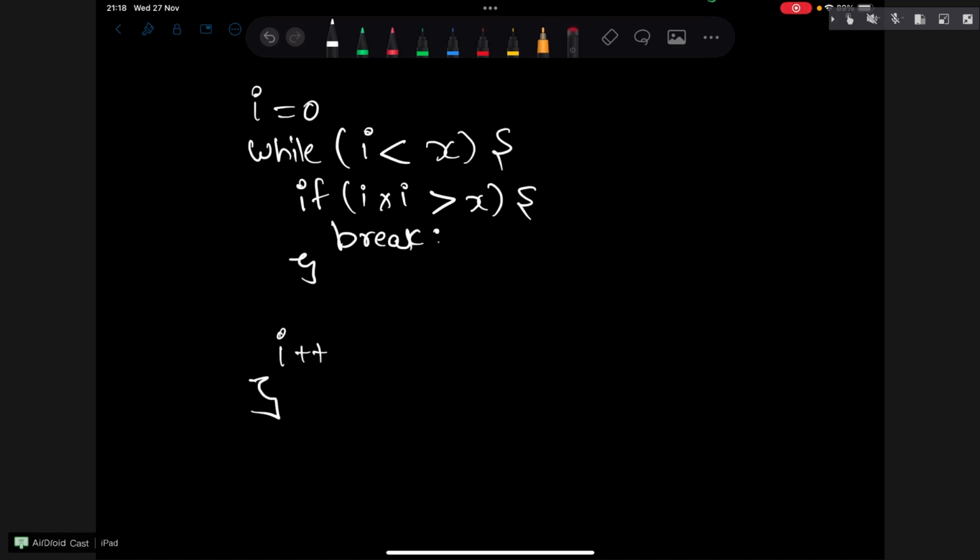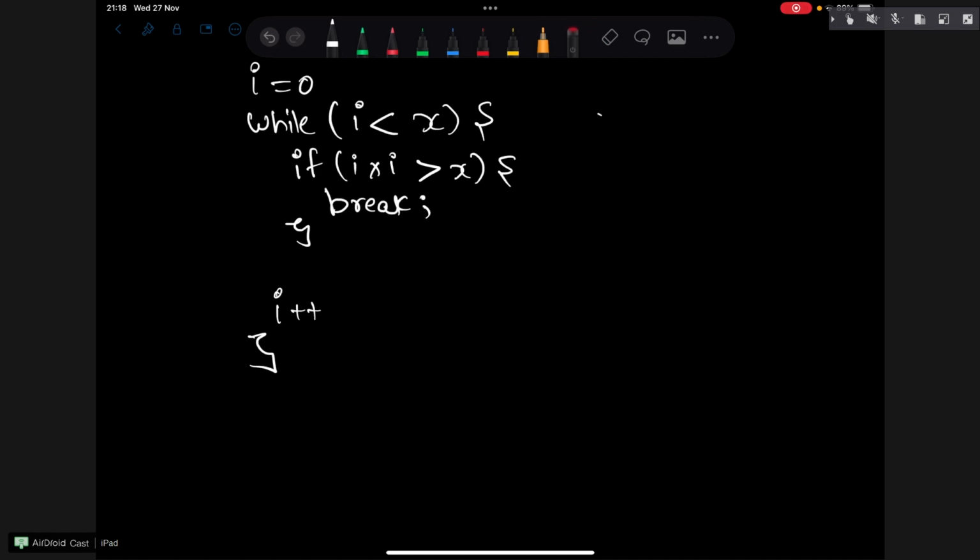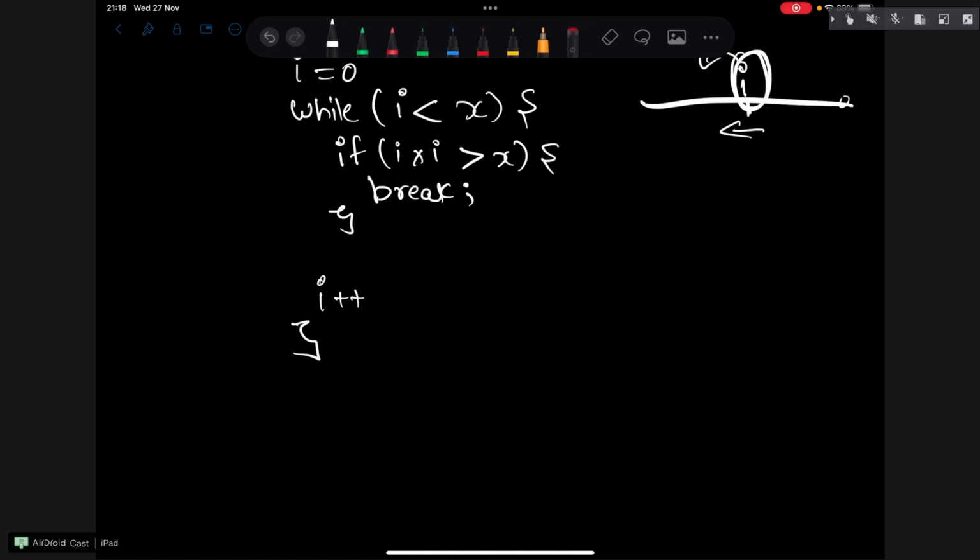If I break out of this loop, that means I was somewhere around here. Now I want to return the answer, but this can never be our answer. Remember, it has to be one less than it. So when I return, I have to return i minus 1 as the answer, not i.